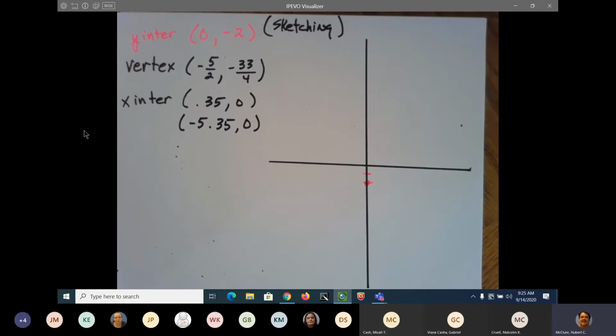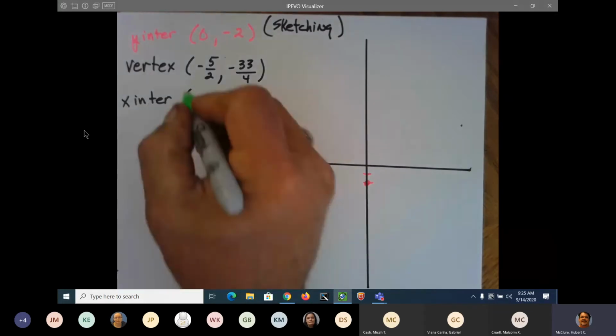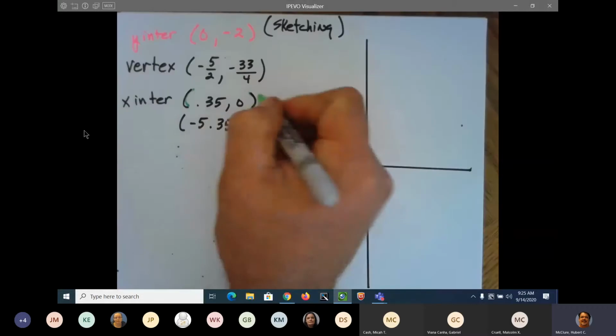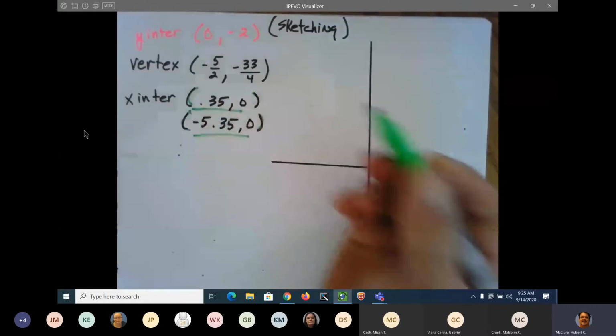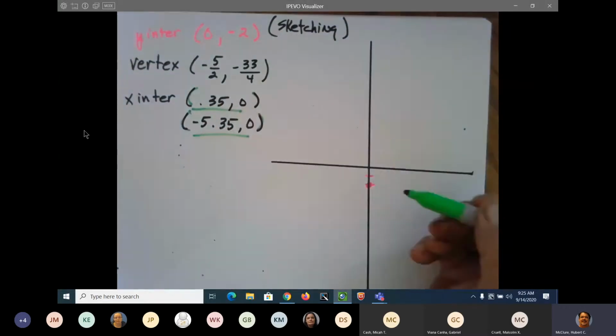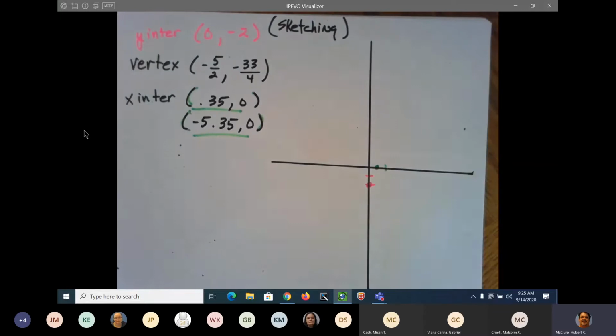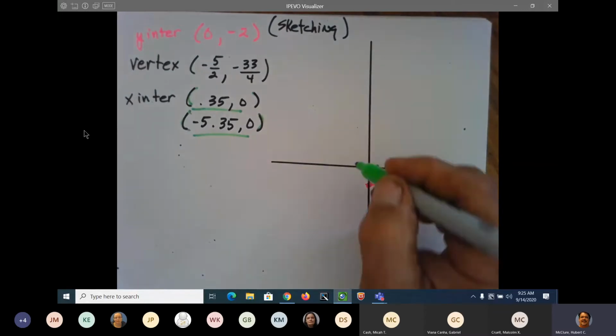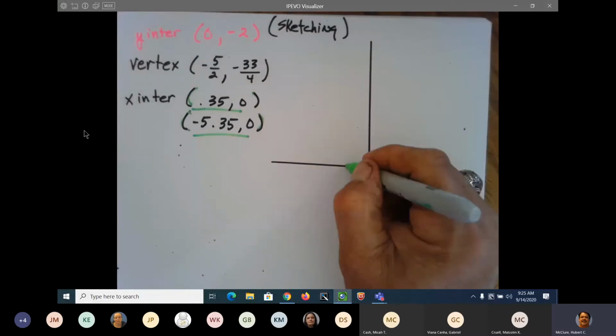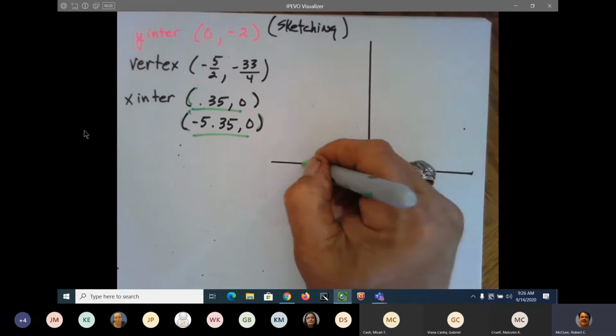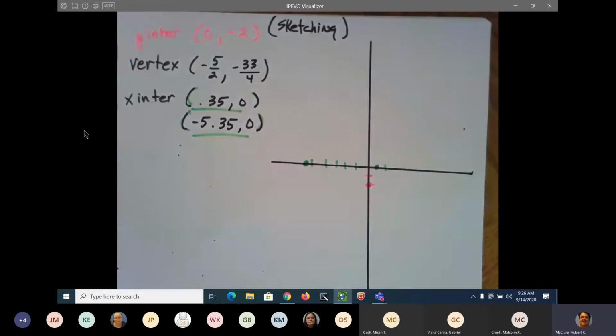Our x-intercepts, I'll do x in green. Okay, there's our x-intercepts. So 0.35 is right here. There's 1, so 0.35 would be right in there. And -5.35, 1, 2, 3, 4, 5, right in there. And then our vertex is -2.5.